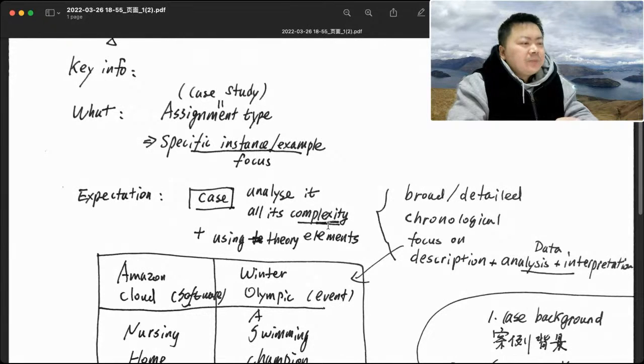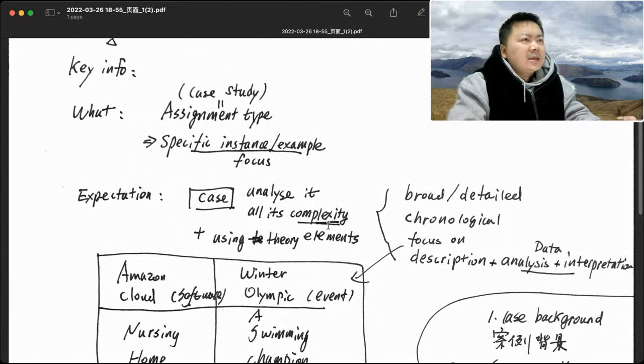So I need to understand the case in all its complexity. Does that mean the case is going to be complicated and I need to figure out the different parts of that puzzle?